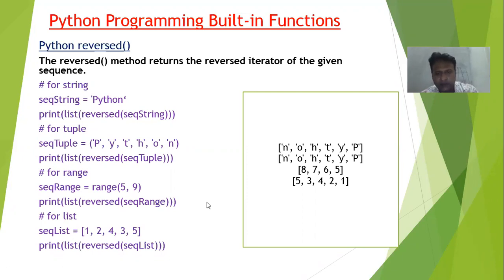Then if you pass 5, 3, 4, 2, 1, it reverses the order and prints 1, 2, 4, 3, 5. Clear? Yes, sir.